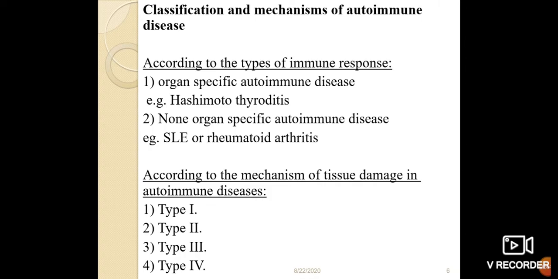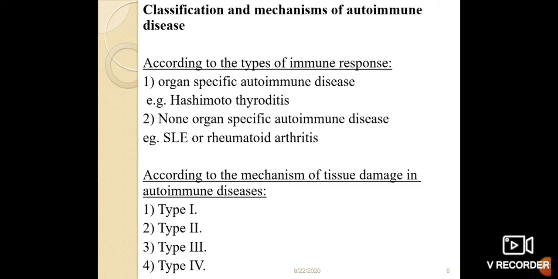Others are non-organ-specific, like systemic lupus erythematosus and rheumatoid arthritis, which spreads all over the joints. Systemic lupus erythematosus also affects the basal membrane of the small blood vessels all over the body. So we call it non-organ-specific autoimmune disease.